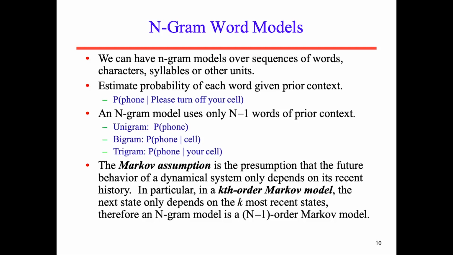Basically, if I make a 5th order Markov model, the next state depends on the 5 most recent states. In the same way, in a trigram model, for example, the probability of phone occurring only depends on the 3-1, the past 2 words, and not the past 500 words or 50 words and so on and so forth.